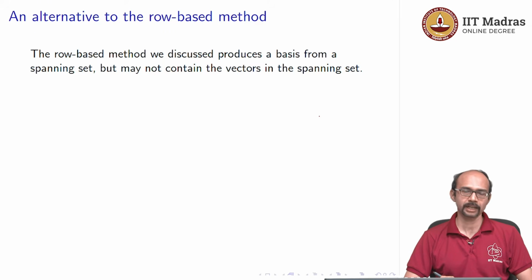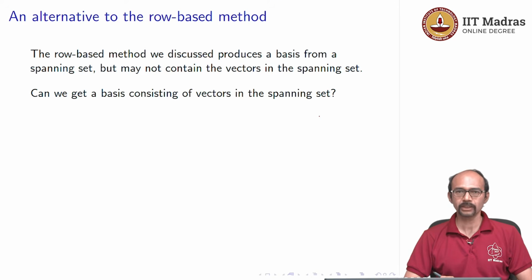If we started with some spanning set and put it into the rows of a matrix, did row operations, got a matrix in row echelon form, and then took the non-zero rows in that matrix, the rows must have gotten changed. So the new vectors that you got, your basis vectors, may not be from the original set of vectors that you started with.